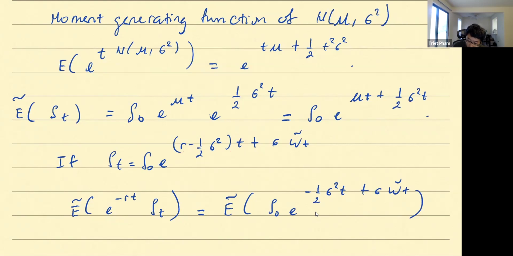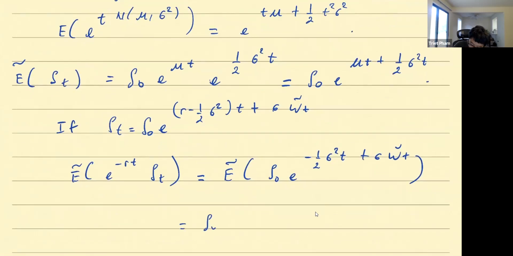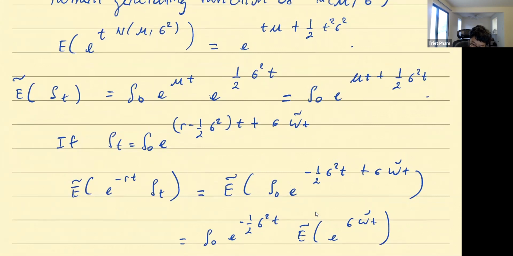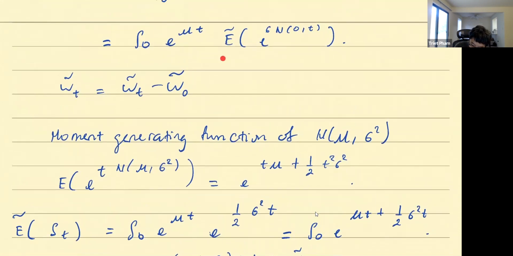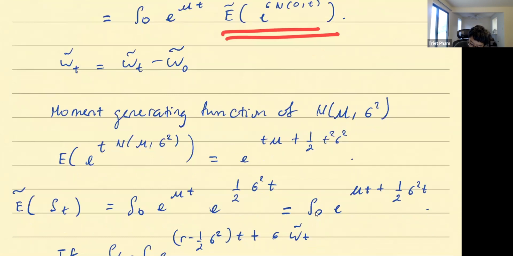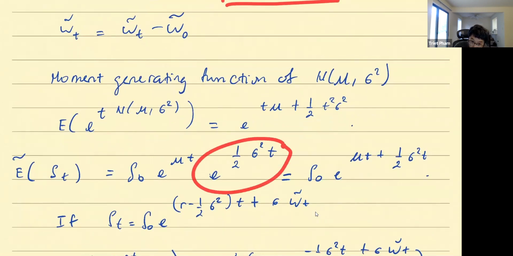So you factor out. Now finally observe that we just said the expectation of this guy is this.